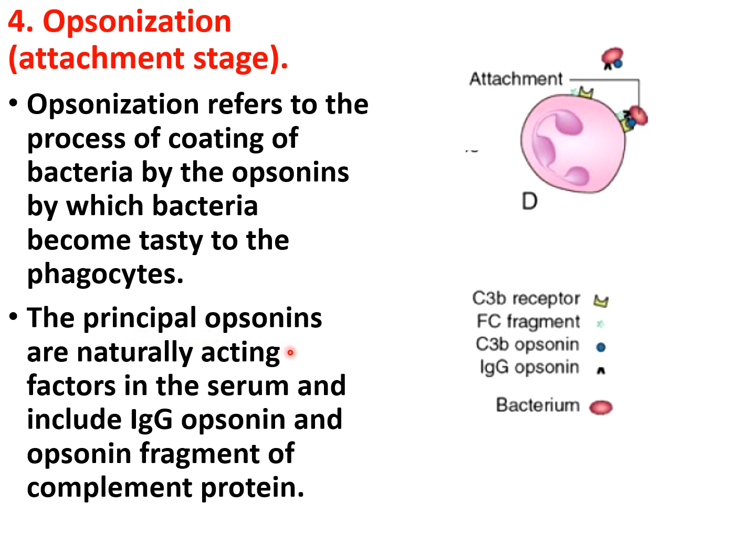The principal opsonins are naturally acting factors in the serum and include immunoglobulin G opsonin and opsonin fragment of complement protein. So these are the bacteria and there is a coating of bacteria so that the bacteria become tasty to phagocytes.